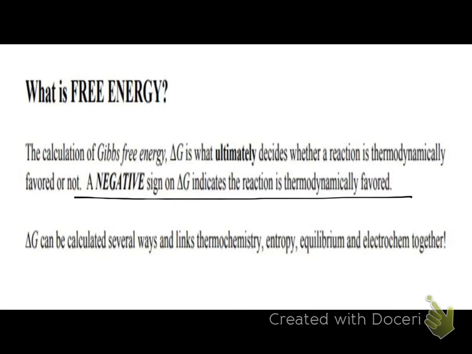Delta H and delta G need to be negative, delta S needs to be positive. Sometimes that gets people backwards in their head. There's several ways that we can calculate delta G, and we're going to do them all.